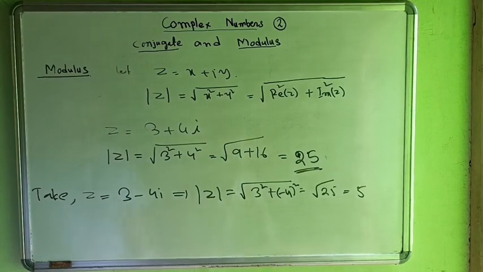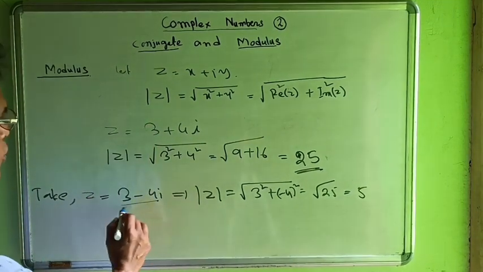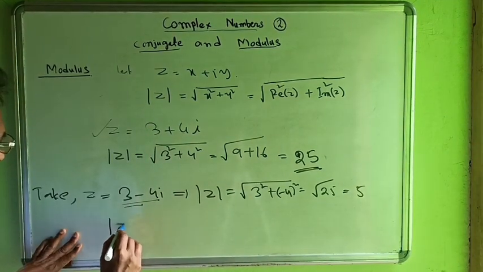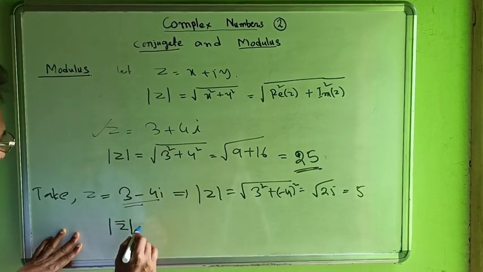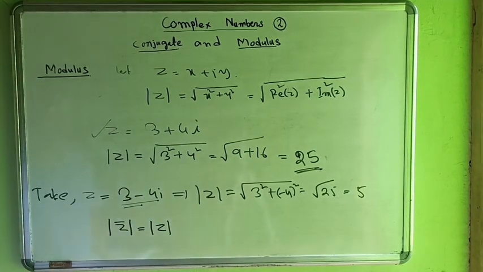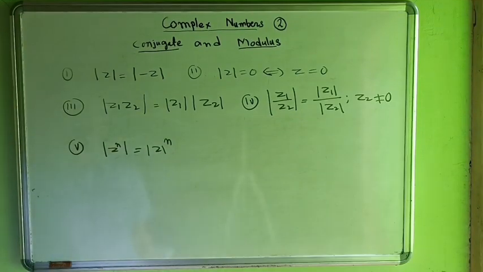From here we can say that this is the conjugate of this number. Therefore we can say that mod z is equal to mod z bar. That is the modulus. Now to discuss the properties of modulus.